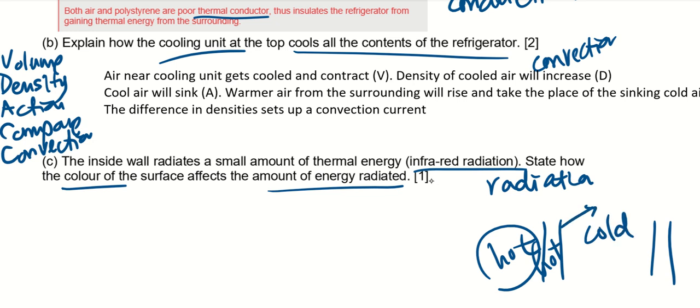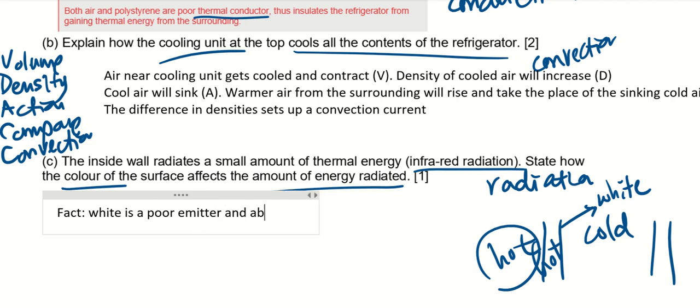So these are actually white in color. The fact is, white is a poor emitter and absorber. Now you have to ask yourself, where is it hotter? The wall is hotter, right? So do you want the wall to emit thermal energy to the contents inside the fridge? The answer is no, right? That's why you use a fridge.